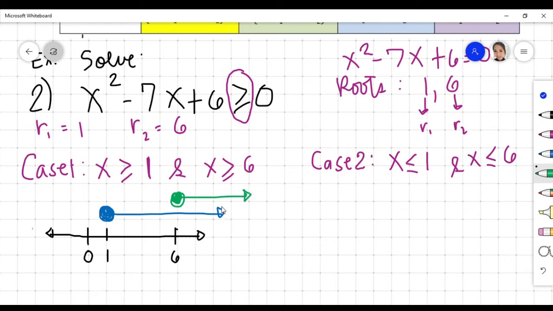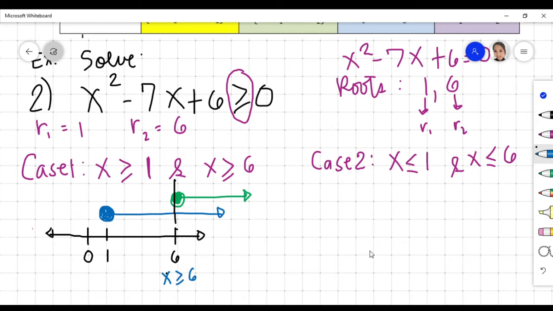So where do they intersect? On this portion they intersect and it continues to the right side. So the intersection is the part where x is greater than or equal to 6.